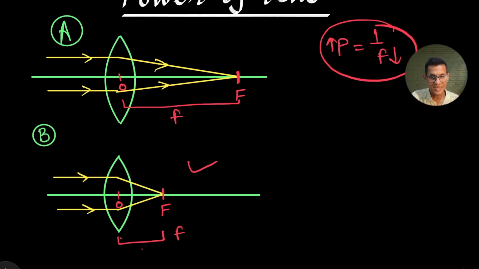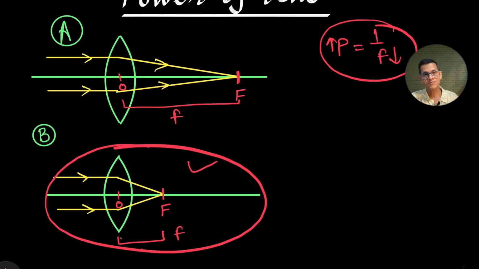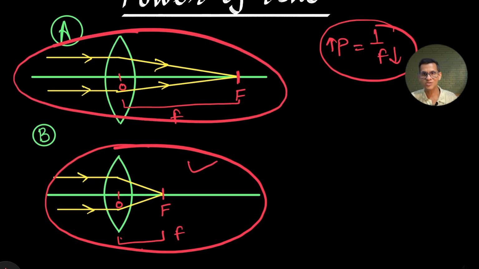So we can say that lens B has greater power, whereas lens A has a longer focal length, so lens A has lesser power. In other words, whichever lens bends the light rays more has more power, and whichever lens bends the light rays less has less power.